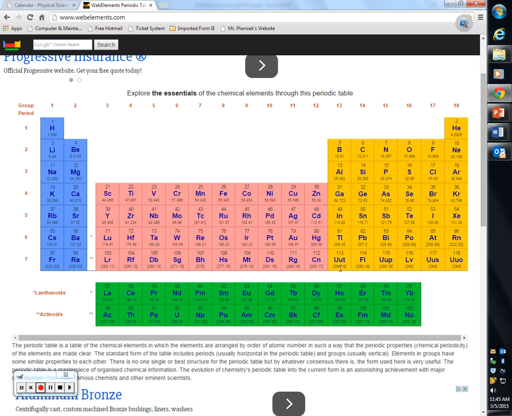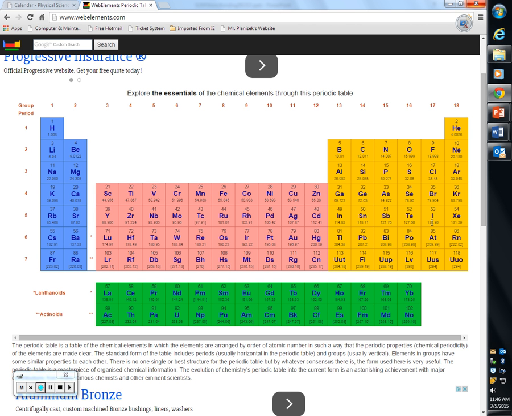We said that 8 is the magic number, but we could either gain or lose to get to 8. Elements that have 1, 2, or 3 valence electrons will generally lose those valence electrons because it's easier to get to 8 that way than it is to gain more. But groups 15, 16, 17, with 5, 6, or 7 valence electrons, it's easier for them to pick up electrons. Okay? So, general rule.